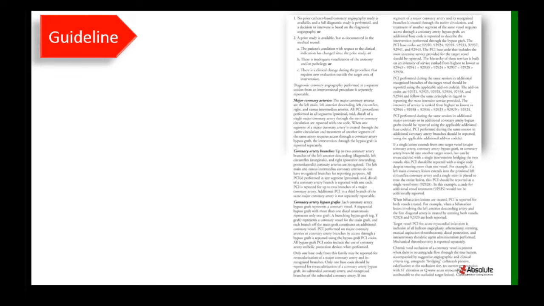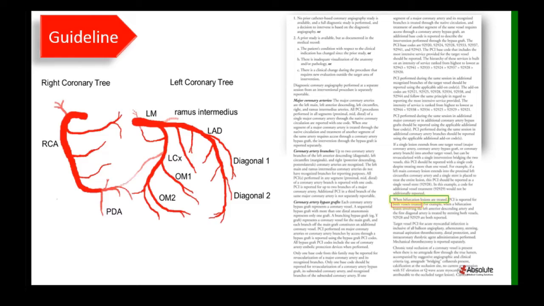All right, so we got one more guideline I'd like to talk to you about. Then we're going to learn about the FTRs. Bifurcation. Bifurcation means two vessels, two lesions, and two treatments. So the guideline says when bifurcation lesions are treated, both vessels are treated. So our scenario is that we've got a lesion in the left anterior descending and one in the diagonal.